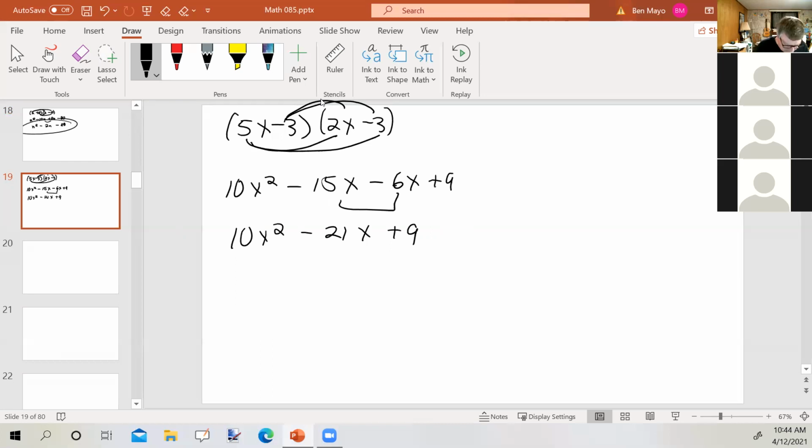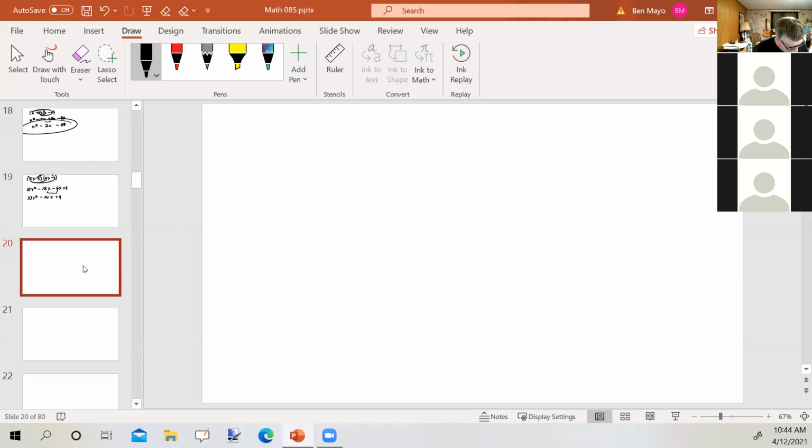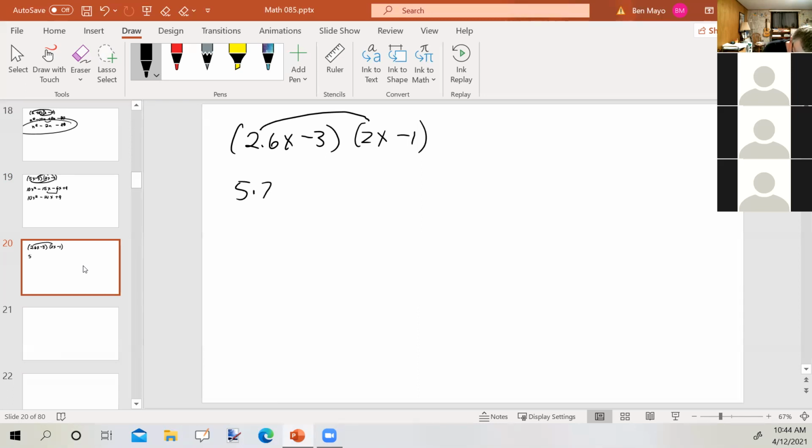All right, let's take a look at some examples with decimals. 2.6x minus 3 times 2x minus 1. So we've got 2.6x times 2. 2 times 2.6 would be 5.2, and x times x is x squared.